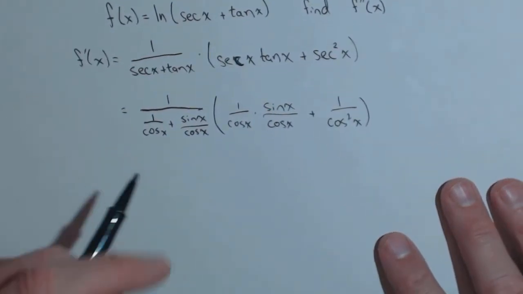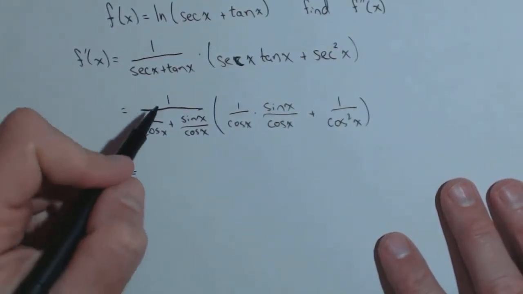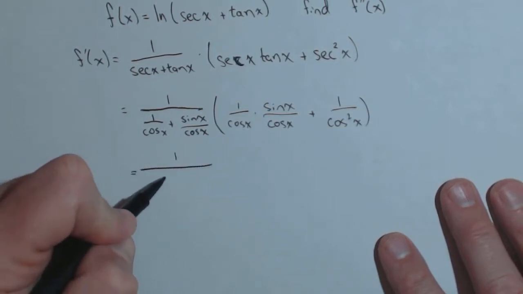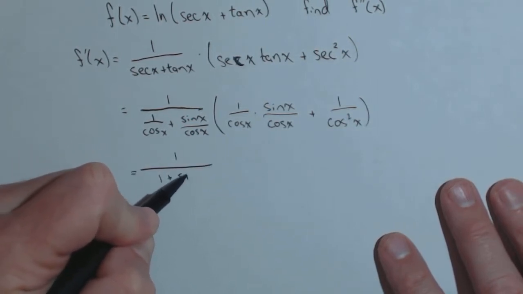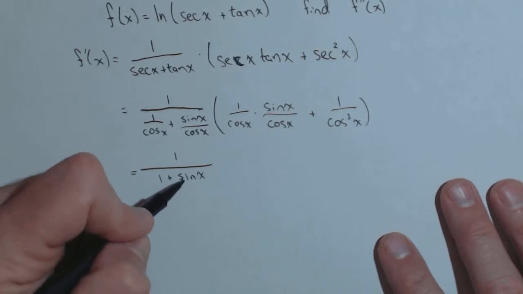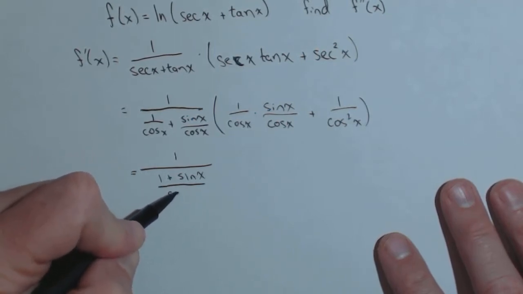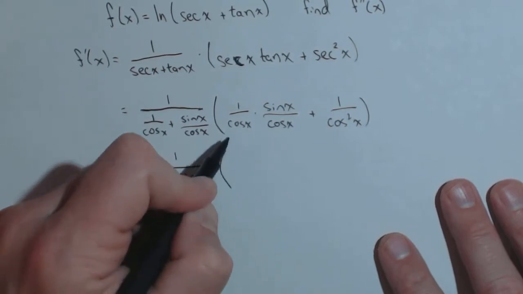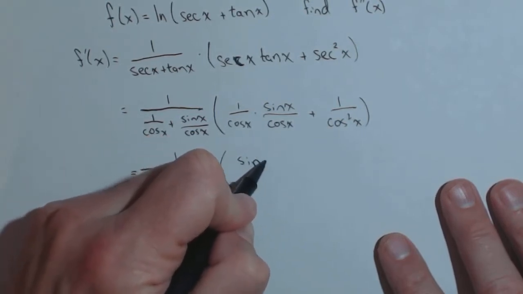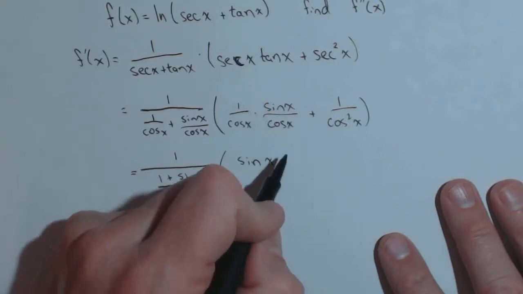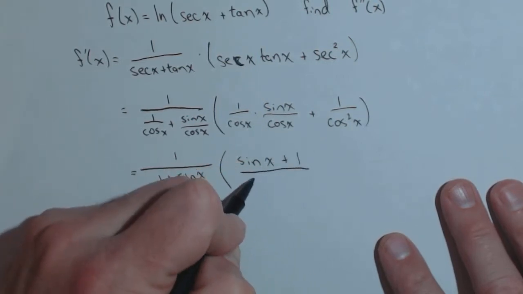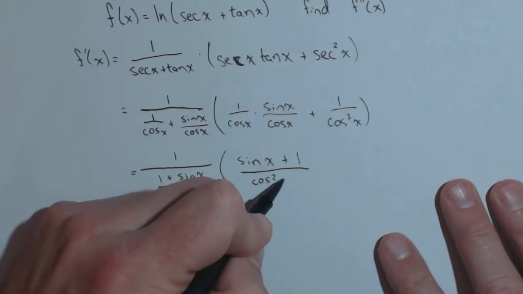So we already see that we are going to be able to combine these fractions. So outside the parentheses, I have 1 over 1 plus sine x all over cosine x. And inside the parentheses, I have sine x over cosine squared, so I can combine those two: sine x plus 1 over cosine squared x.